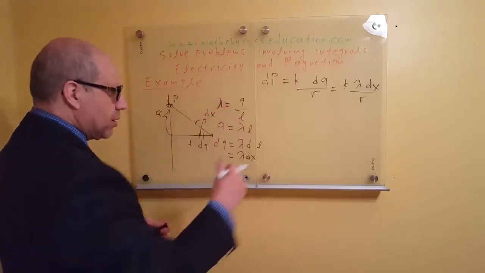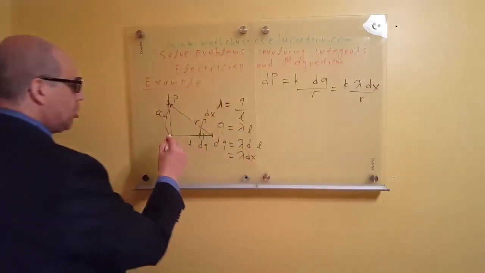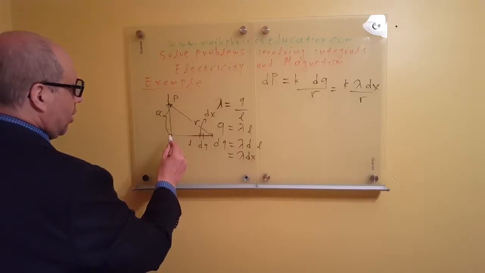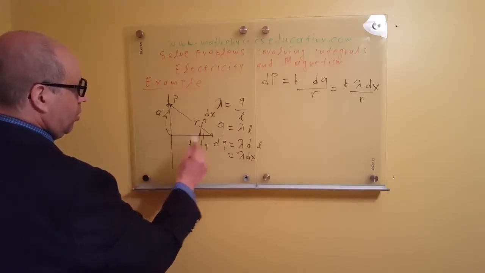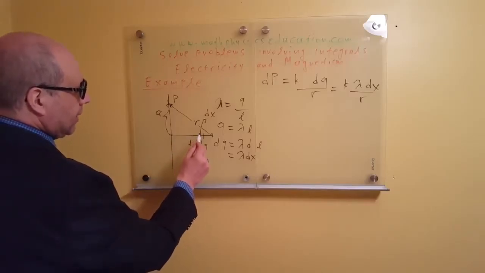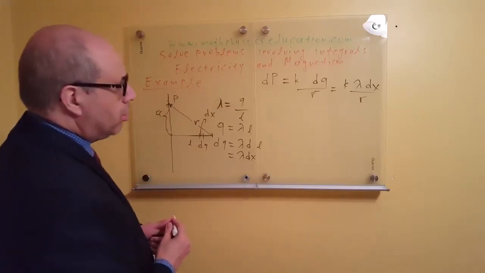If you substitute this, you will have K lambda dx over the square root of a squared plus x squared.